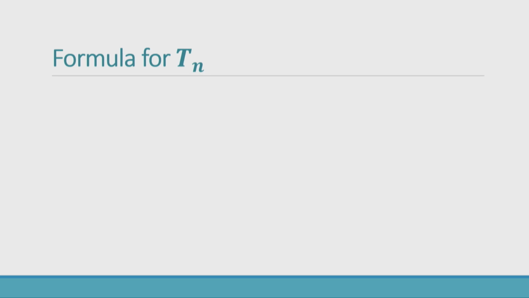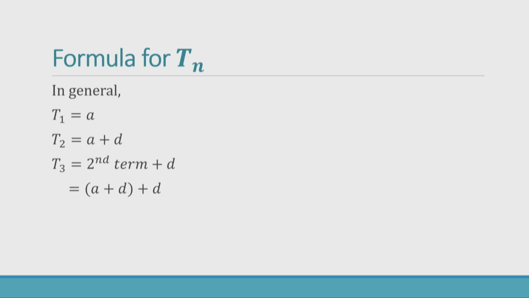Now the formula for Tn. In general, the first term will be denoted by T1 and it is going to be equal to A. The second term will be A plus the common difference, that is A plus D. Now T3 will be the second term plus the difference. The second term is A plus D, which will give us A plus 2D.